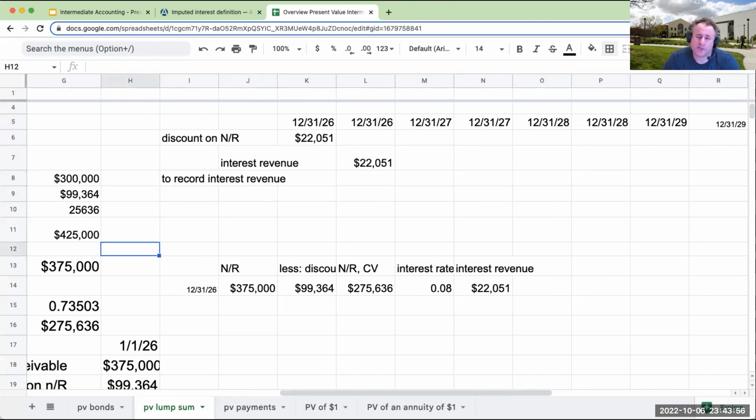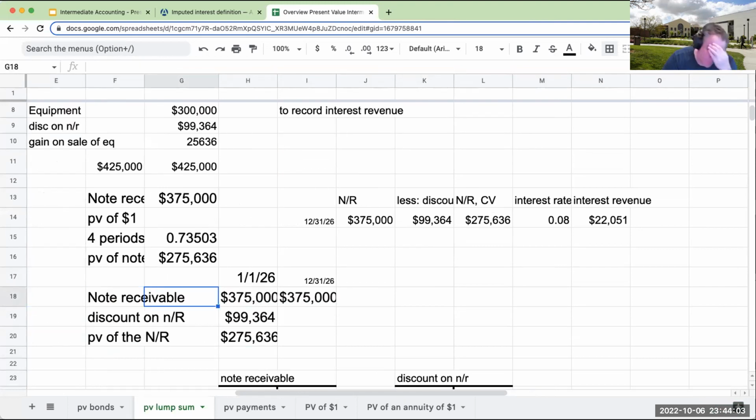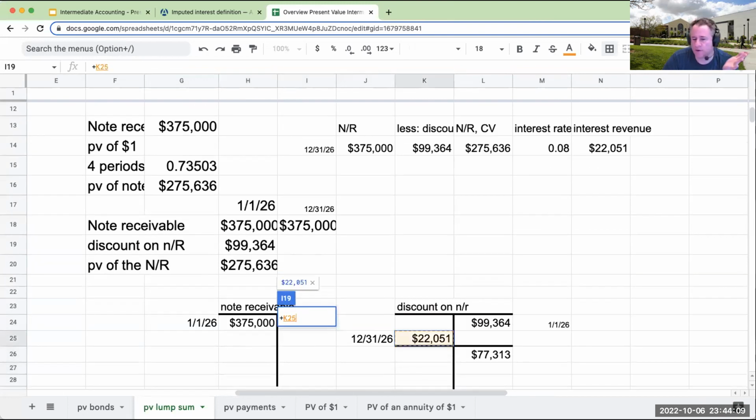Now, what does the balance sheet look like at the end of the first year? On 12/31/26, my note receivable is still going to be at $375,000. My discount on notes receivable is no longer $99,364. Remember, we want this to go down to 0. So it's going to be $77,313.